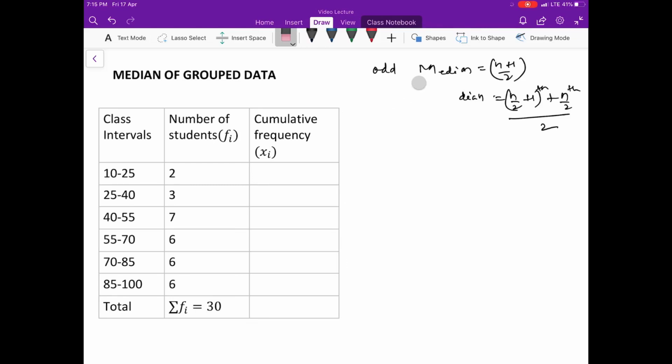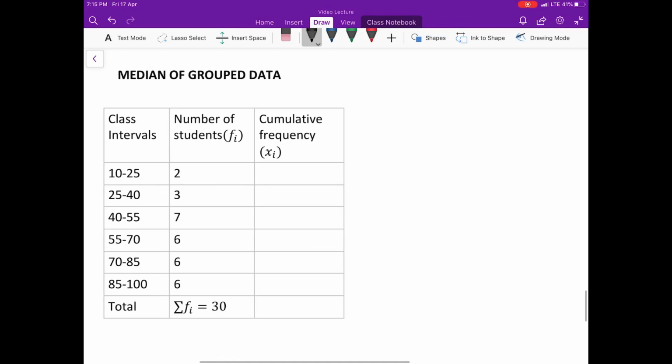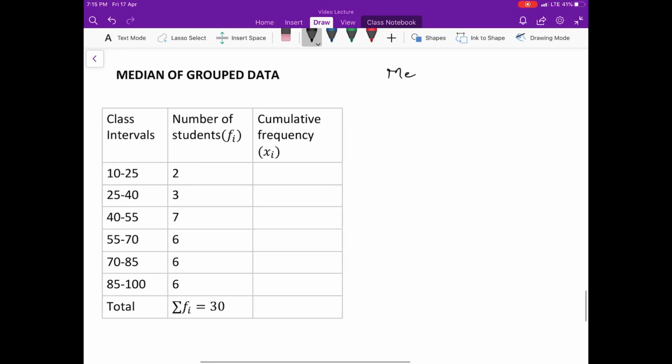Now we come to the median of grouped data. The median of grouped data is calculated through a formula, and that formula requires cumulative frequency. Why do we need cumulative frequency here? Because to calculate the median we need a median class, and the median class is the class whose cumulative frequency is just higher than n by 2.